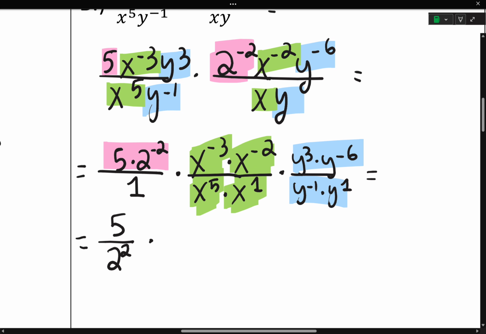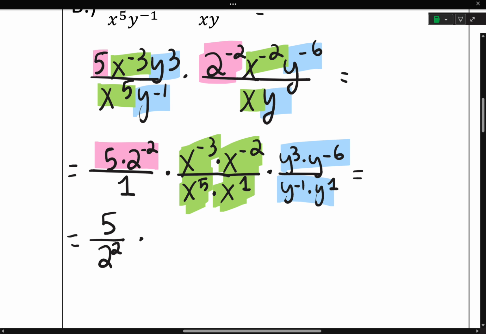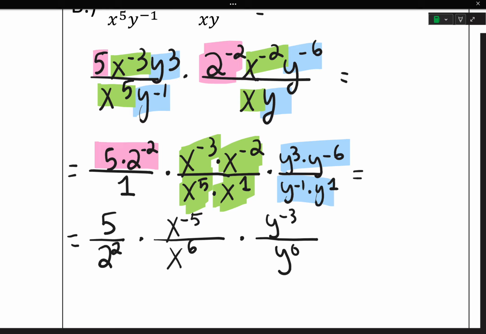So that's the only thing I could do there in this one step. For the x's, since we're multiplying on top and bottom, let's add the exponents. On top, we get x to the negative fifth. On the bottom, we get x to the power of 6. For the y's, we get y to the power of negative 3 and y to the power of 0.